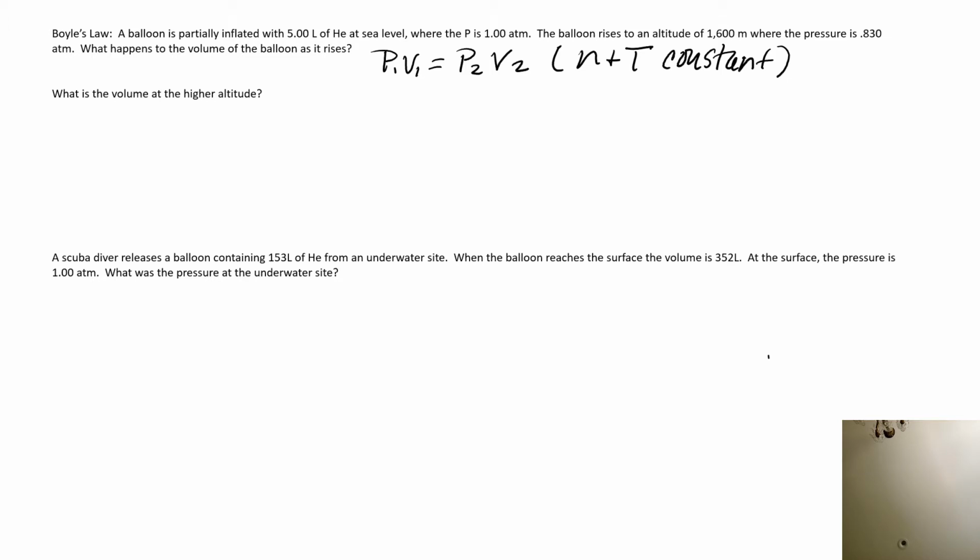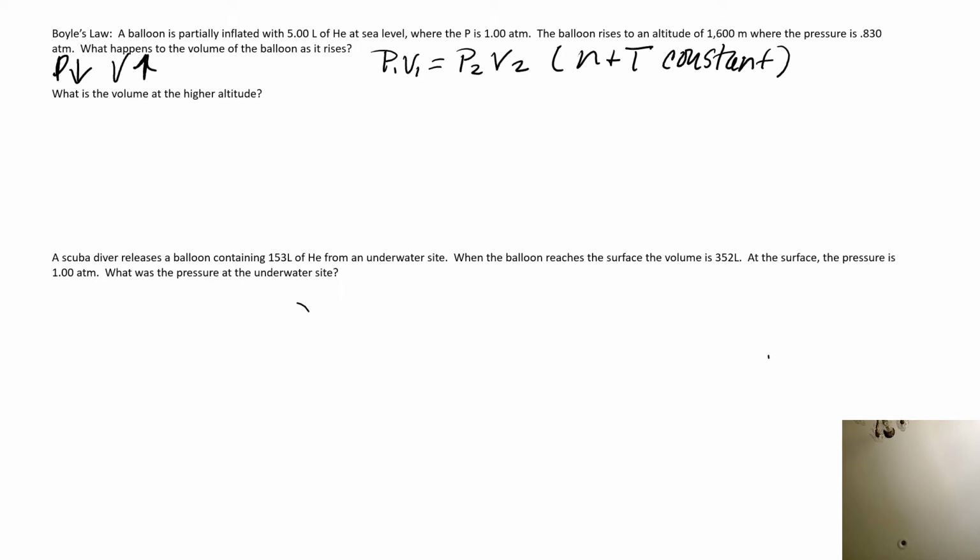And if you think about these relationships as you're working problems, you can catch errors in your setups or calculations. So what happens when pressure decreases? What happens to volume? Volume increases.